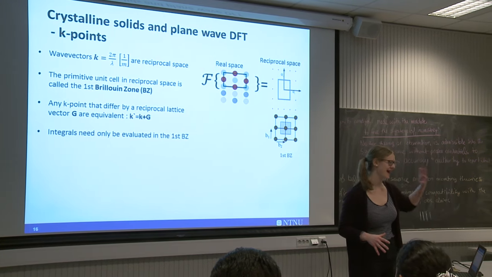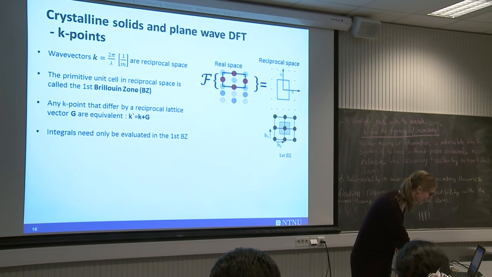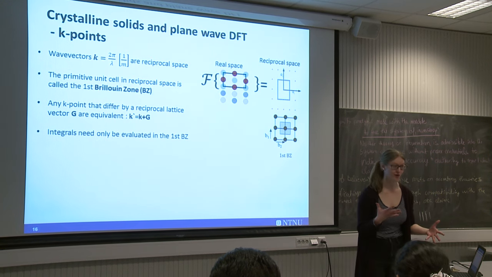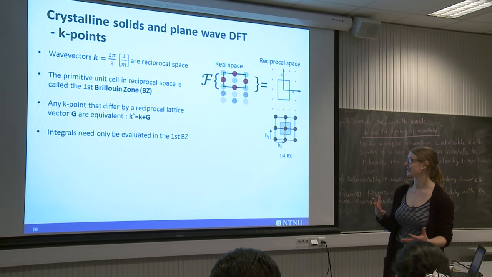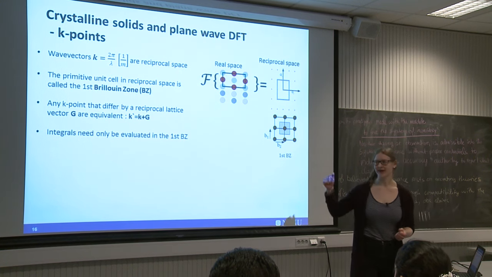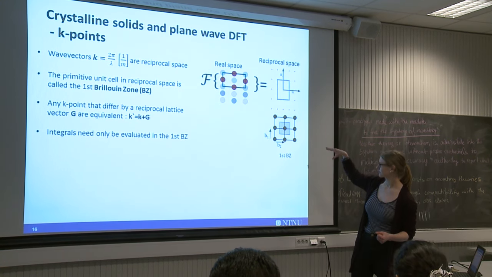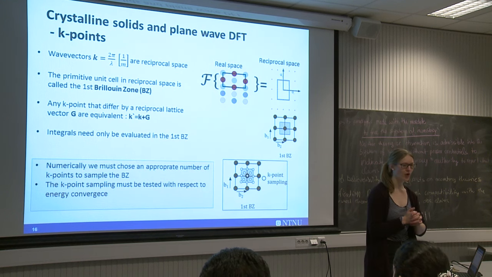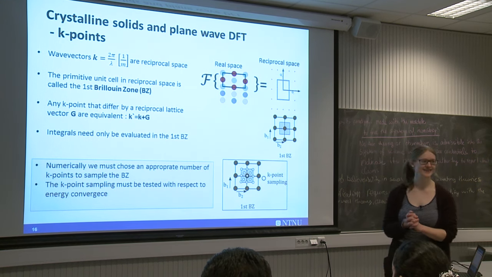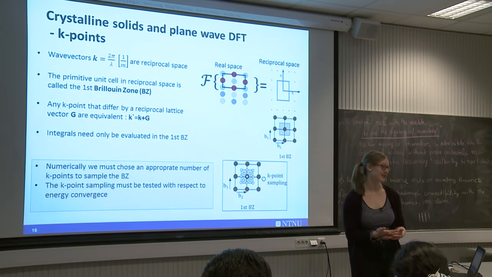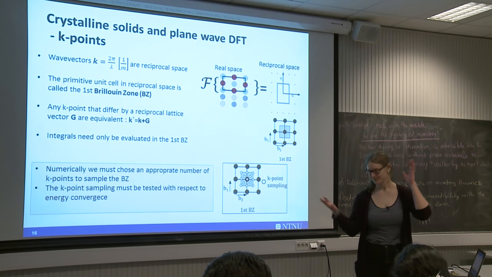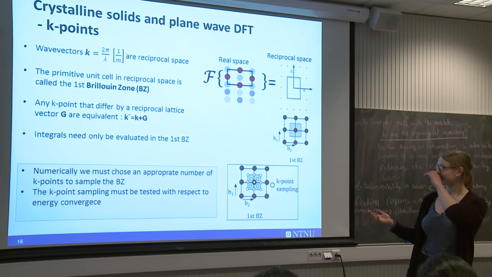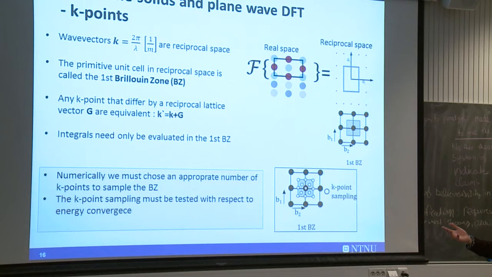It means that the math in DFT, in terms of evaluating integrals in K-space, means that you only integrate over your first Brillouin zone. So this is where the K points come in, because numerically you can't do integrations.